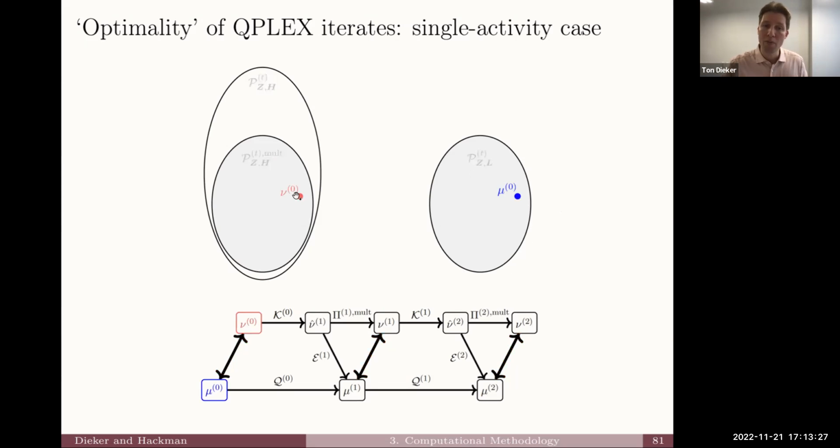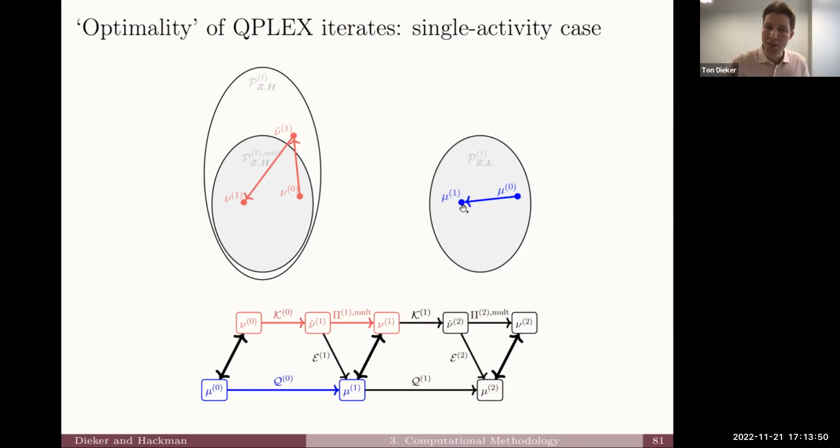If we start from some initial point, there's a kind of twin point on the other side. Now we apply the K map. It means we leave this very structured space, in general. Then we apply the projection and we come back in. And this is done optimally.